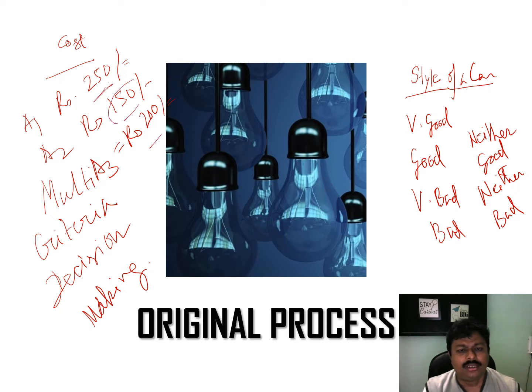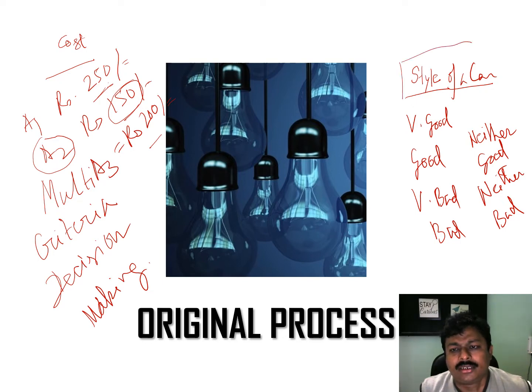You can easily see that this is the most preferred alternative because it has the minimum cost. But the same way we cannot choose the best alternative with respect to the criterion style. In case of style, you have qualitative ratings.